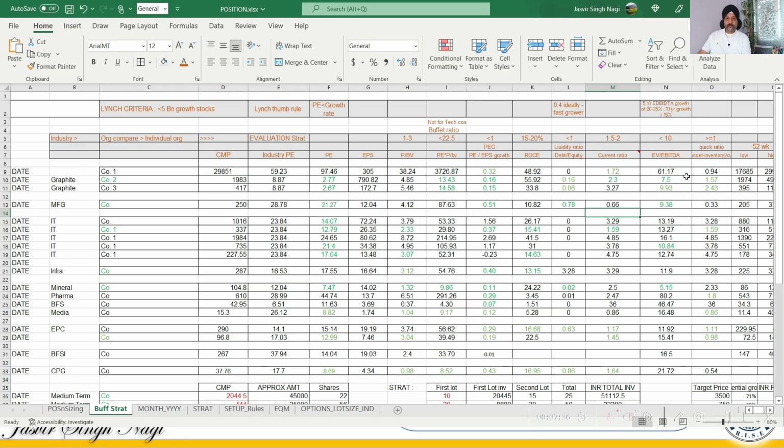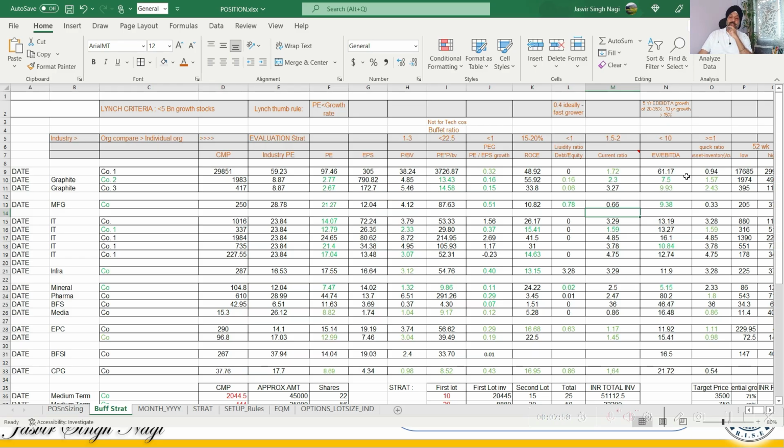Then there is less than 10 of EV upon EBITDA, another important ratio. EV is economic value, by the way, of an organization. This means if tomorrow somebody is to buy you out, how are you valued? That's what it means, against your EBITDA.